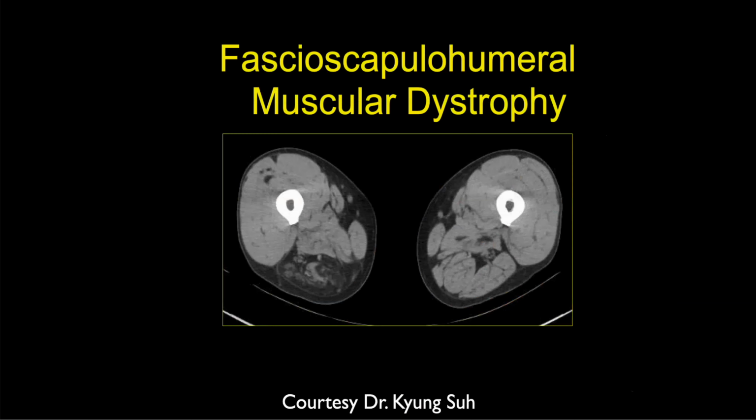So that's another muscular dystrophy. They can occasionally be asymmetric, but generally, if it's asymmetric like this, you should think more in terms of a neurologic injury. But in this case, it was a muscular dystrophy.